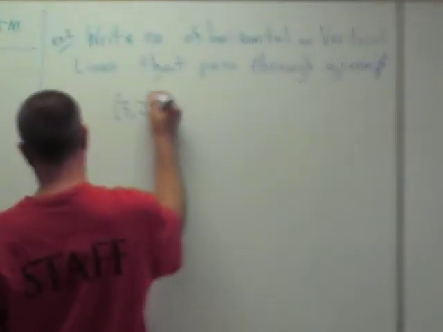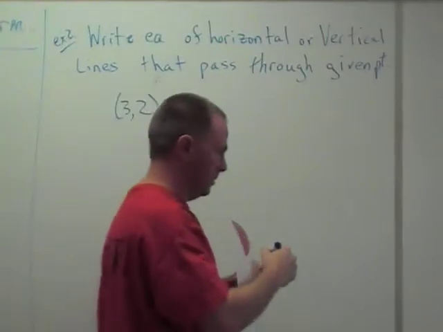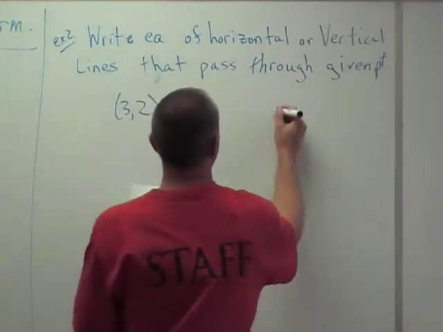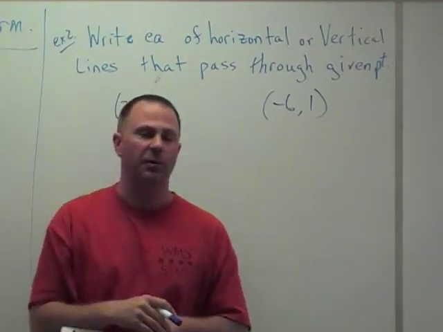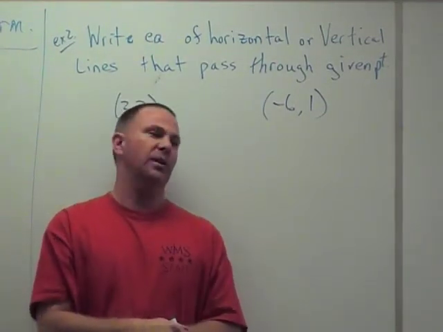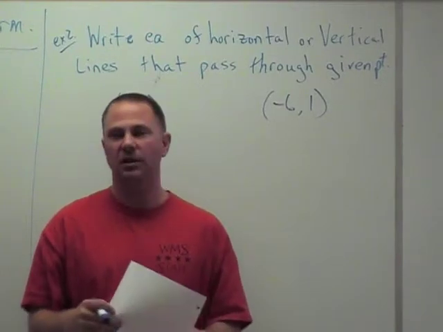So, how about 3, 2? We're going to do that one, and this one, negative 6, 1. This is going to tell me whether or not you remember what equations of vertical and horizontal lines are.